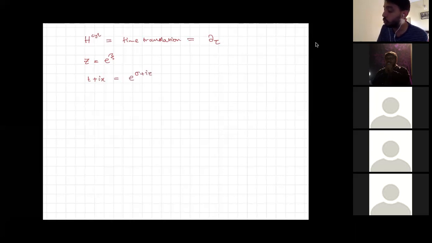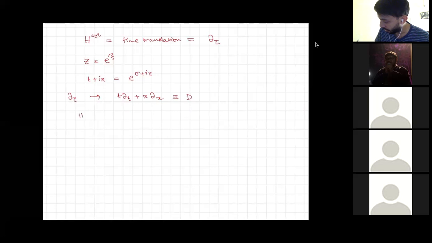If you do this map, what you will see is that del tau on the cylinder maps to t del t plus x del x.